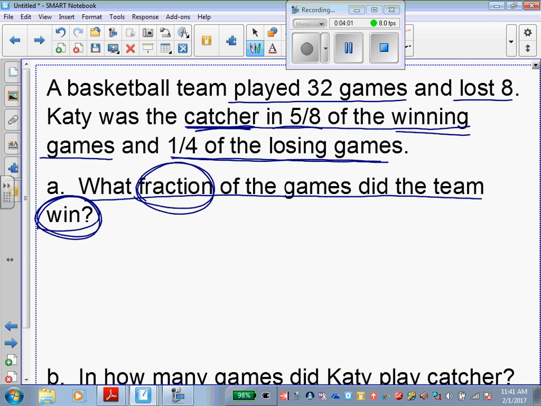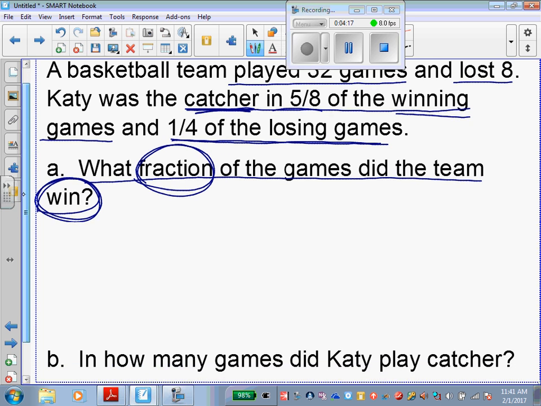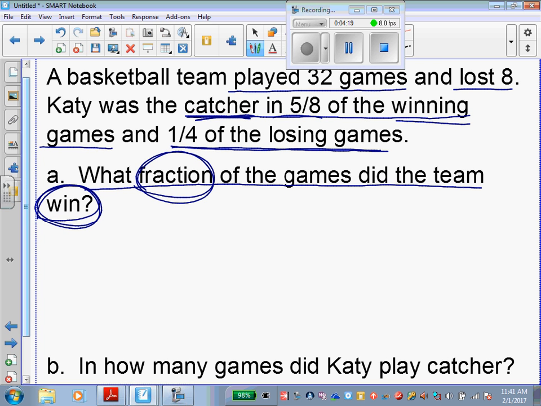All right, Baha. 32 over 32, which equals 1 whole, minus 8 over 32, which can equal 1/4, and then you can do 1 whole. Okay. I'm going to pause you for 1 second because I like that 8 over 32. 8 over 32 represents what? The games they lost.